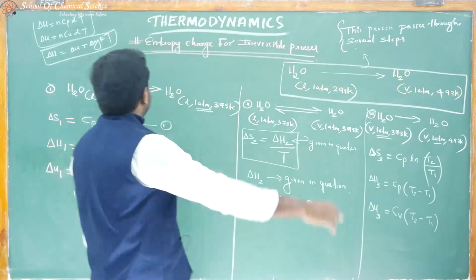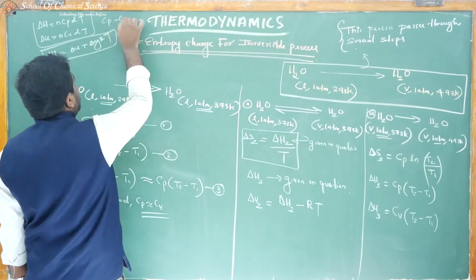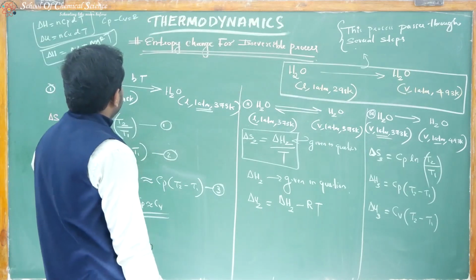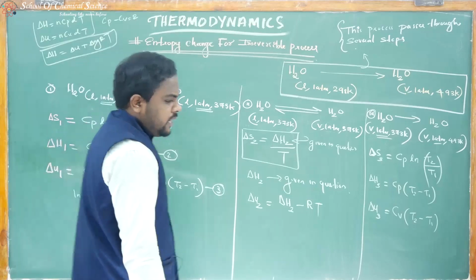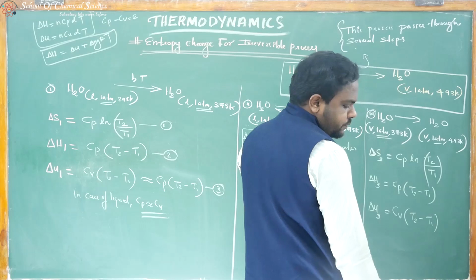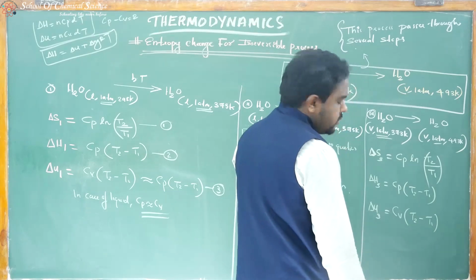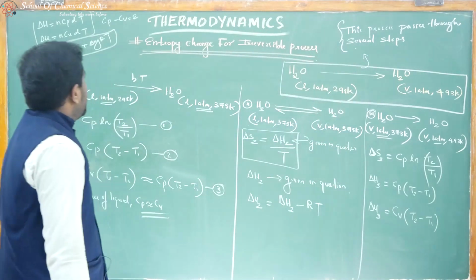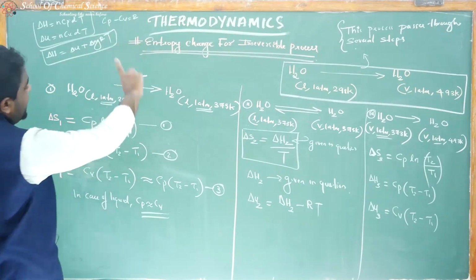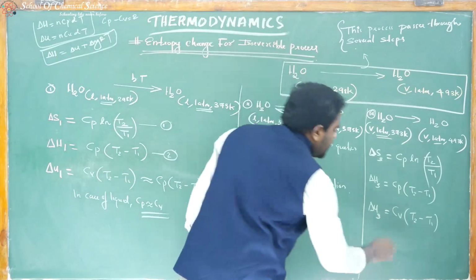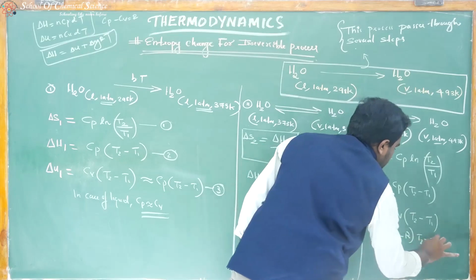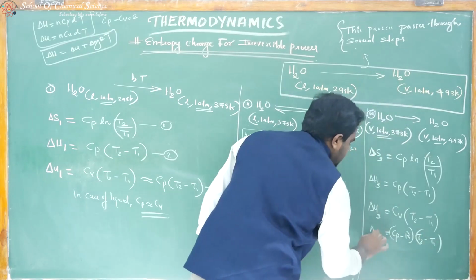But you know Cp minus Cv is equal to R. So therefore Cv is equal to Cp minus R. Sorry, Cv is equal to Cp minus R. So delta U3 is equal to Cp minus R into T2 minus T1.